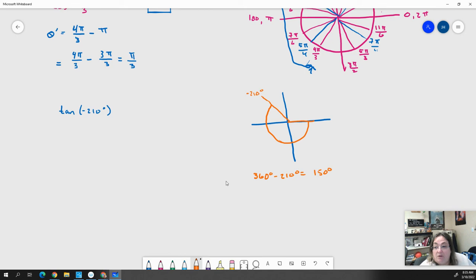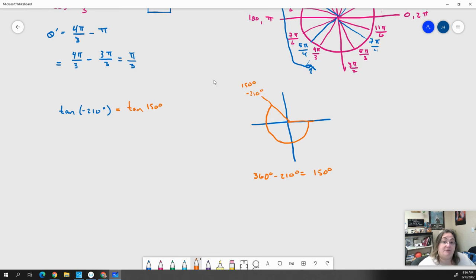And so we know that the positive version of this is 150 degrees. We know that tangent of negative 210 is the same as tangent of 150 degrees. And so we can use that to find our reference angle. Now we know that it is in quadrant 2.